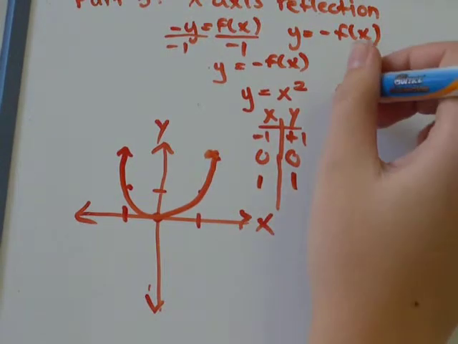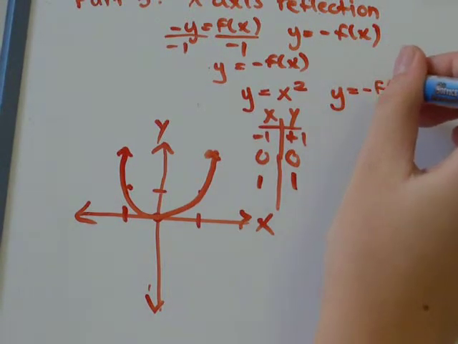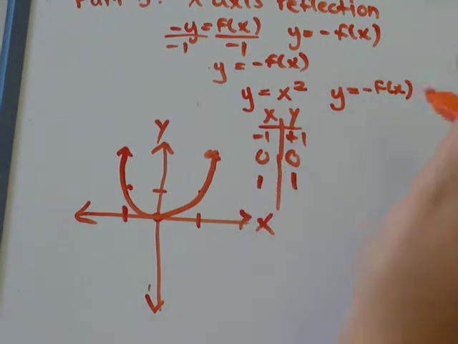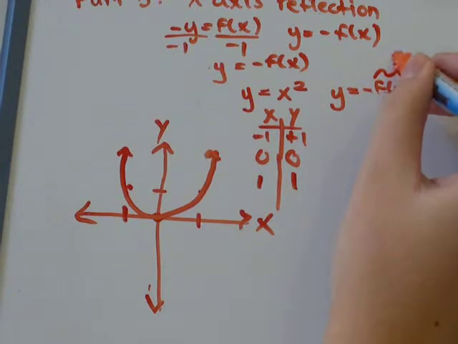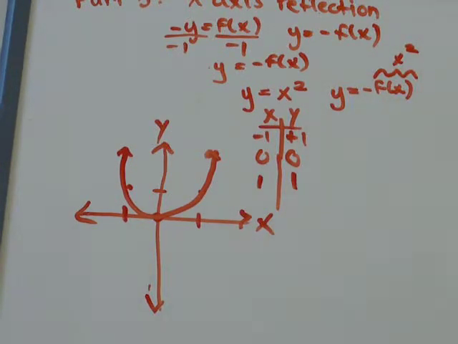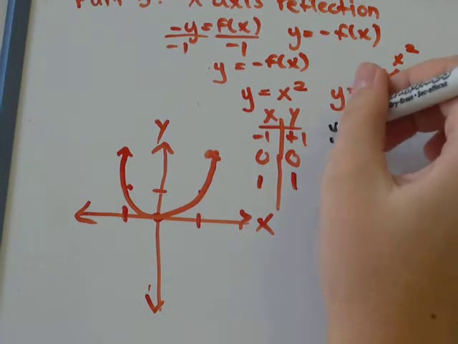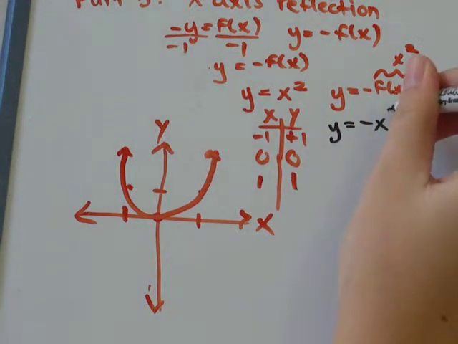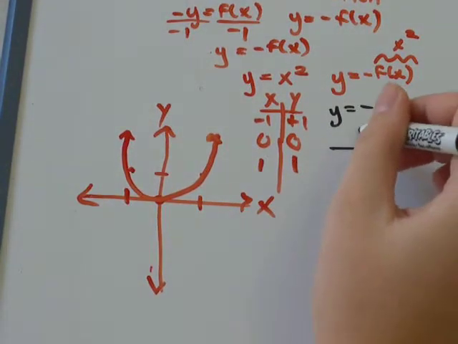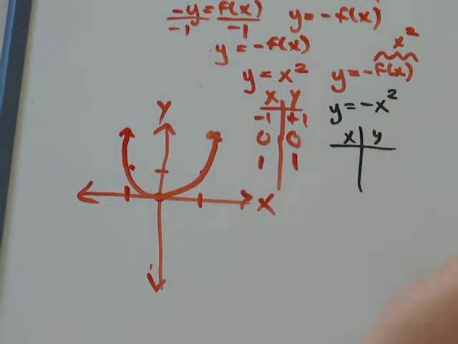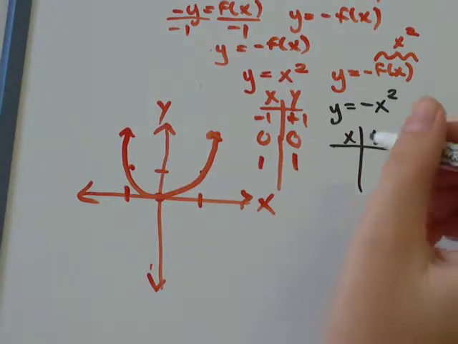So what happens if instead we've got y equals negative f of x? And in this case, our f of x is x squared. And so we want to graph y equals negative x squared. So we'll do the same thing, make an xy little t-chart.